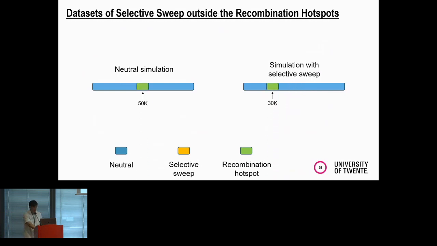And another situation is that the selective sweep region is still at the center, but we move the recombination region of the simulation with selective sweep to the 30 kilobases position.